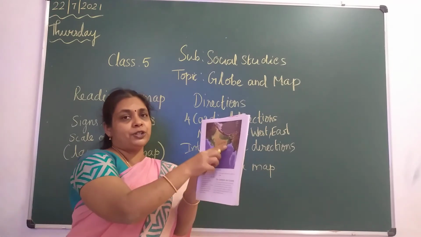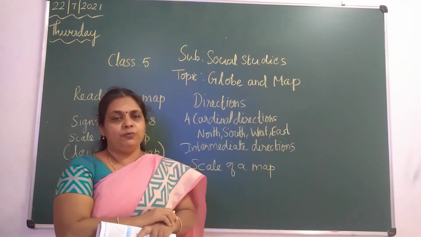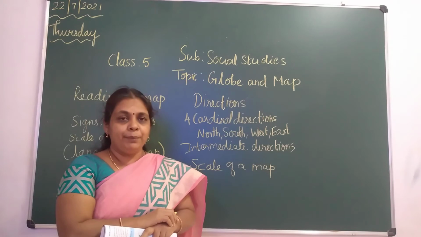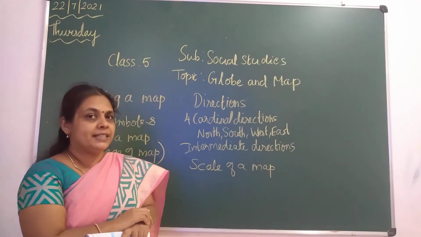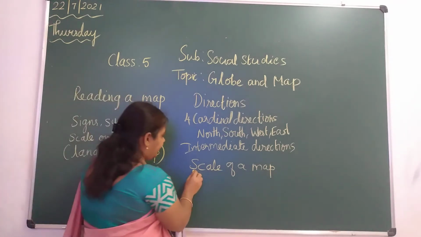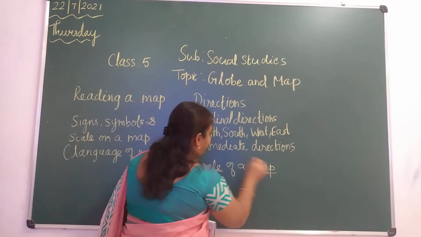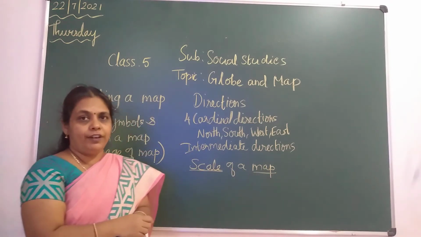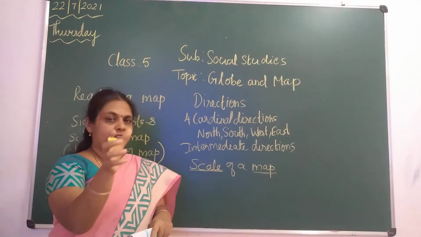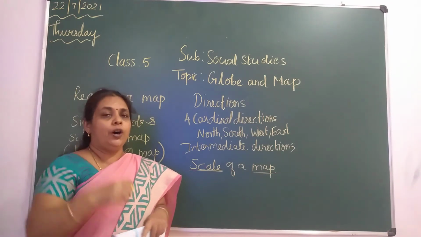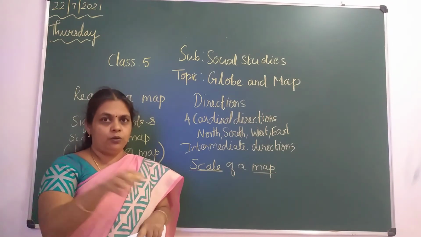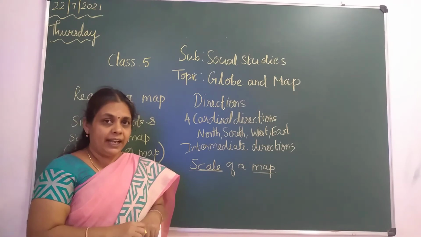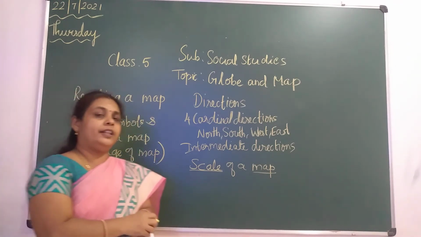But they are able to show it in the map, no? How? Because they do scaling. That is here, scale of a map. You have a ruler, children, a 15 centimeter scale or a 30 centimeter long wooden scale. Like that, here also what they are doing.